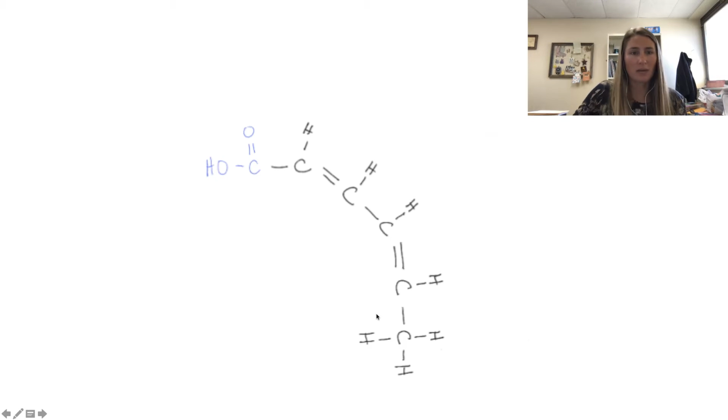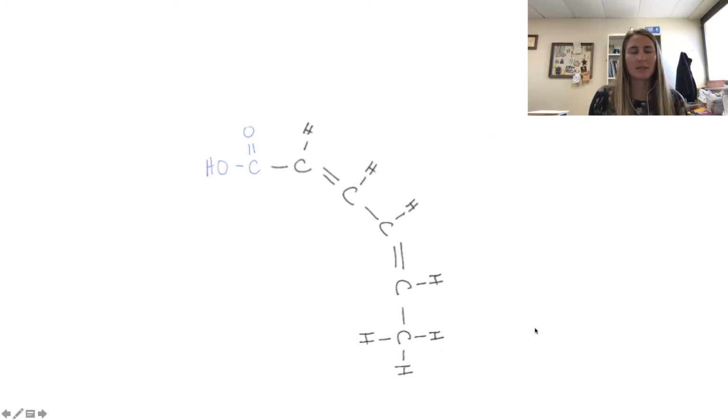Here we notice we have 2 double bonds between 2 different sets of carbons. So again, we see more bend because these 2 hydrogens are repelling each other, and these 2 hydrogens are trying to repel each other. Again, if we count all the bonds associated with each of these carbons, they are bound to 4 different things. So this is a polyunsaturated fatty acid.